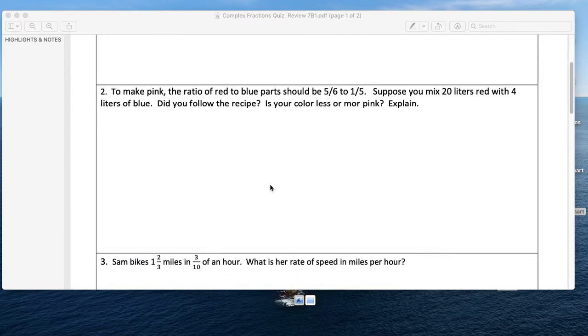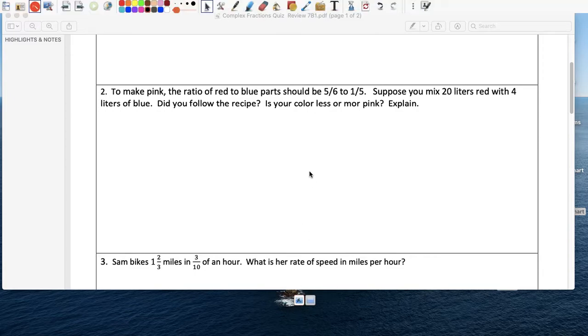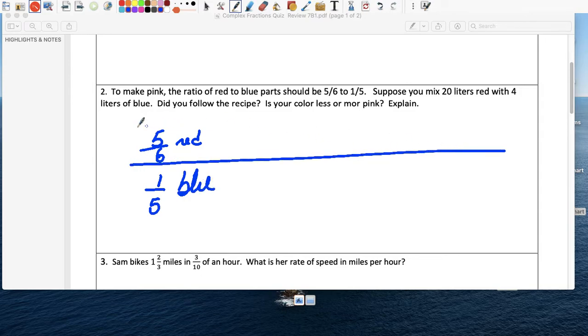All right, so this one is to make pink. The ratio says you have to use 5/6 red and mix it with 1/5 of blue. So that's what the recipe says. But I said pink to make pink.